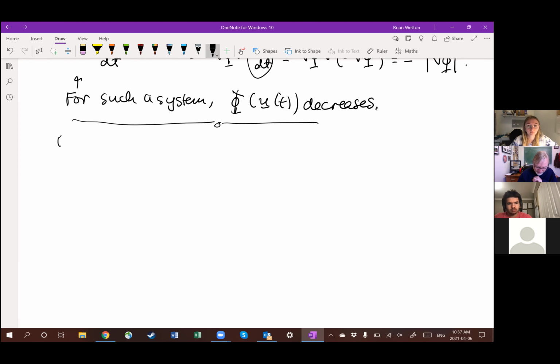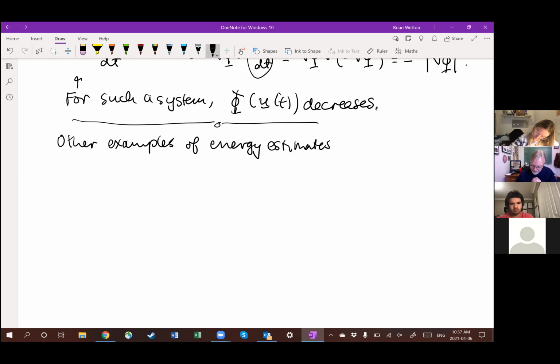So other examples of energy estimates are in the notes. I'll just do one.